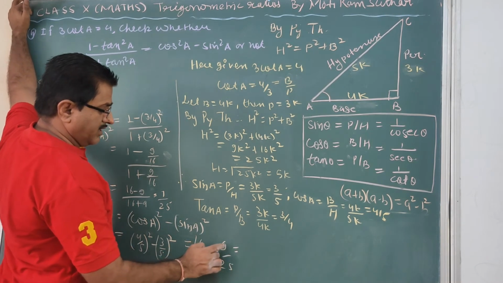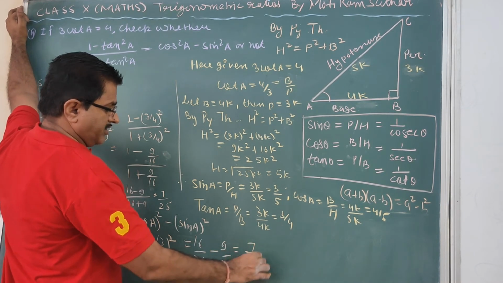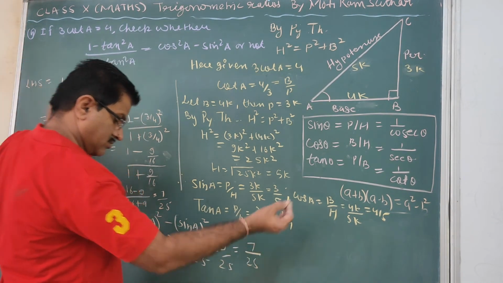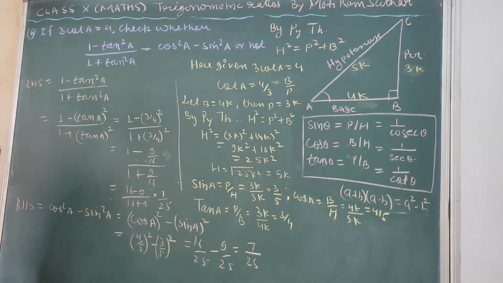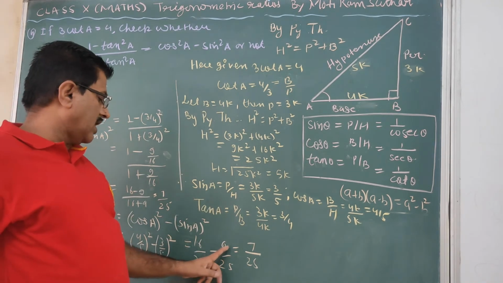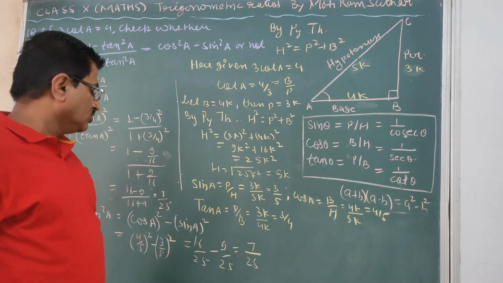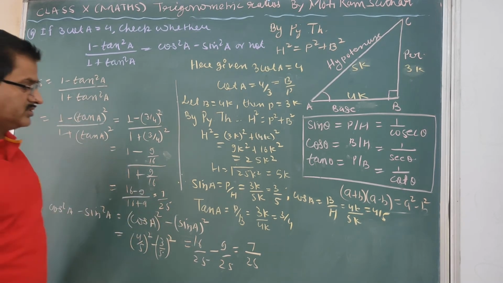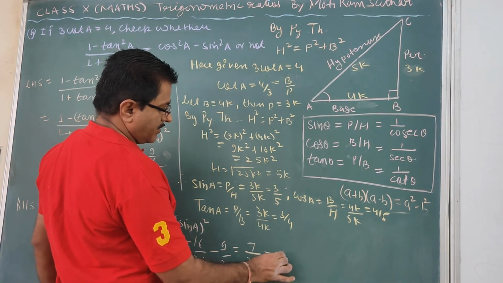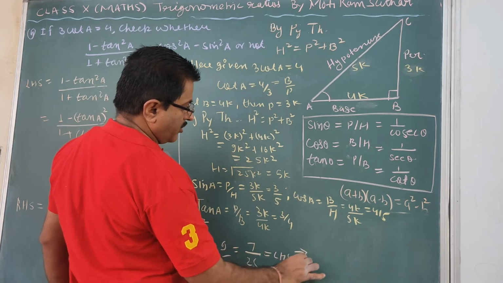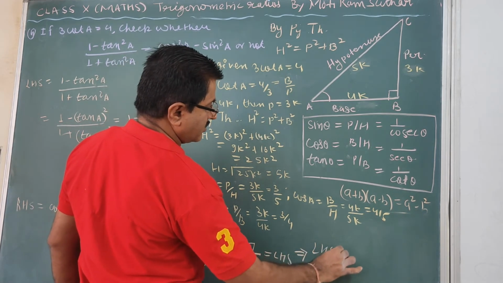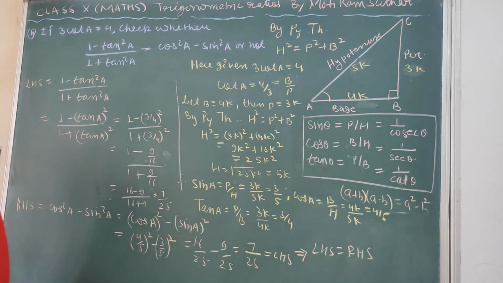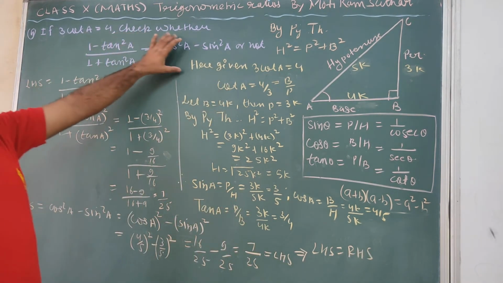So 16 minus 9, because the denominator is the same, directly you can subtract. So 16 minus 9 is 7 by 25. So that is also the value, which is equal to the left hand side. Therefore left hand side equals right hand side.